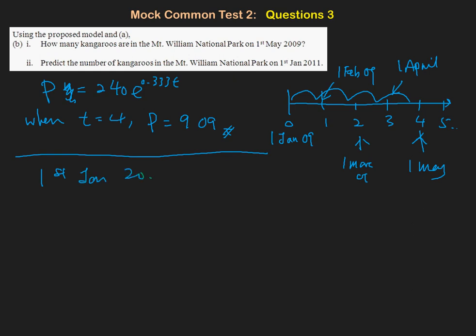Time is 1st of Jan 2009, so with 2 years after, which means t is 24 months. All you have to do is calculate 24 and put this into e^(0.333t).